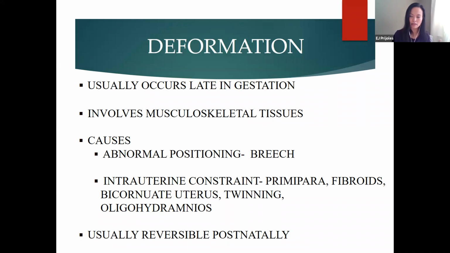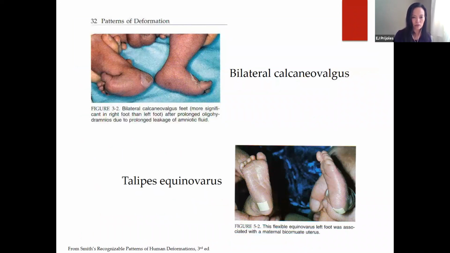Usually, if it's primarily just a deformation, these can be reversible postnatally. So examples would be things like bilateral calcaneal valgus.